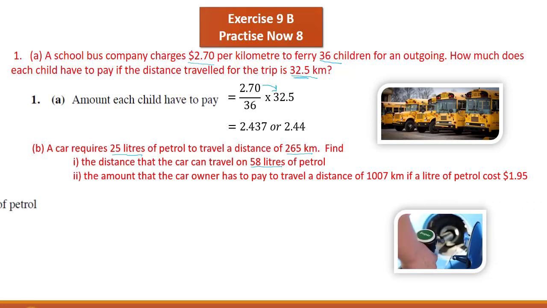Let's start our solution. Distance traveled on 1 liter of petrol. What will be the distance traveled on 1 liter of petrol? For 265 kilometers, the required amount of petrol is 25 liters. So for 1 liter of petrol, we will divide 265 over 25.